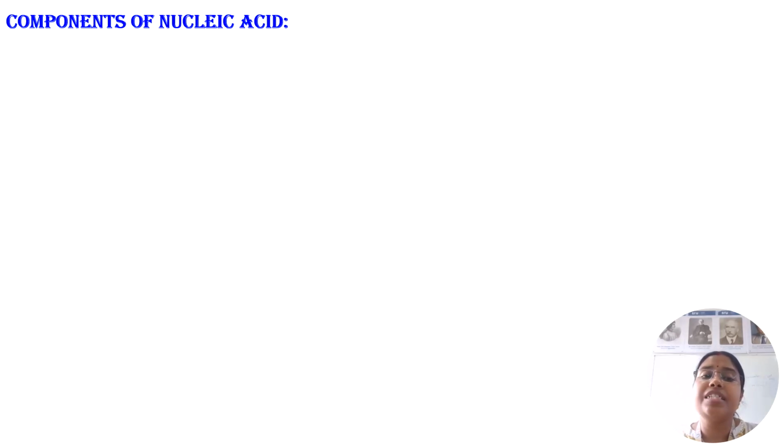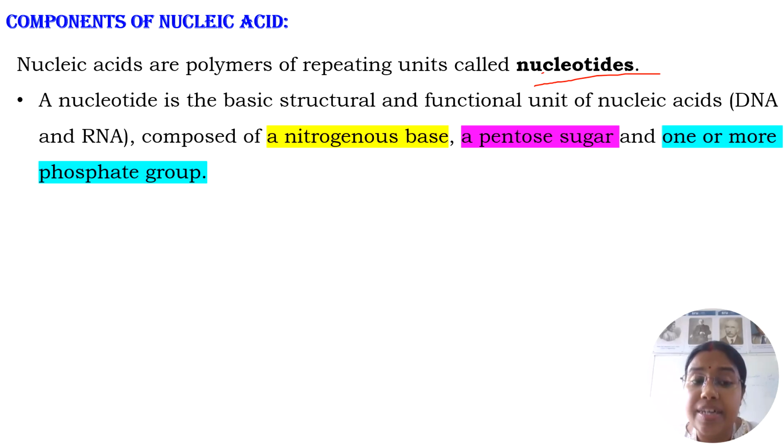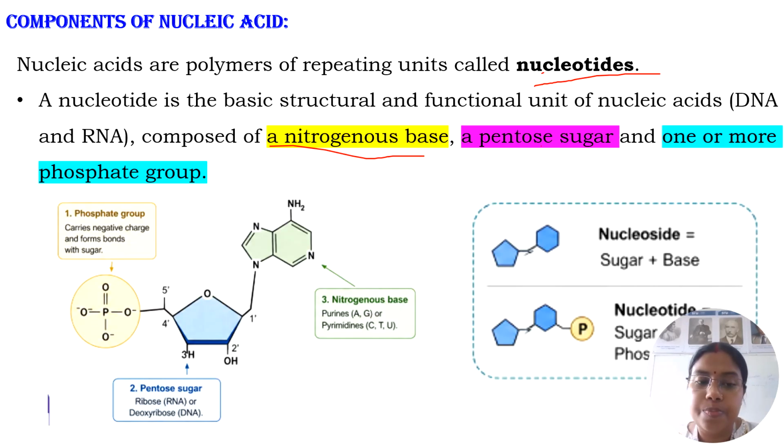What are the components of the nucleic acid? We told already that nucleic acids are made up of the repeating unit of nucleotides. In nucleotides, the "tide" means 3, so 3 components are there. What are the 3 components? That is the nitrogenous base, pentose sugar, and one or more phosphate groups.